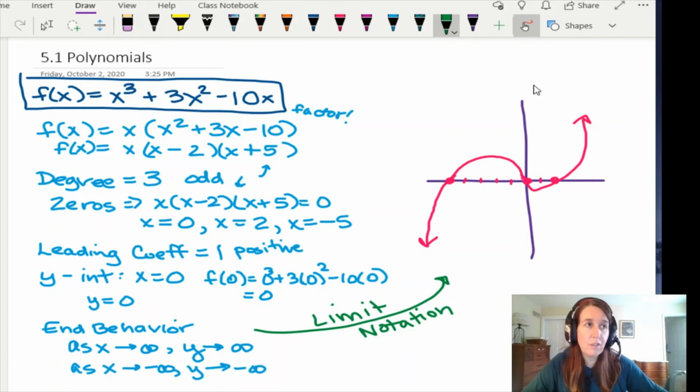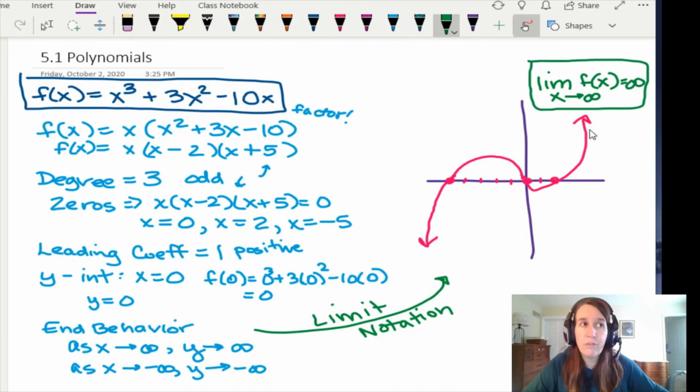So this is the limit of f of x. Remember, the function was f of x. And then right underneath, you write as x approaches infinity, put an equal sign, and we figured out that y was infinity. It's up. So this is limit notation right here for the end behavior of the function.